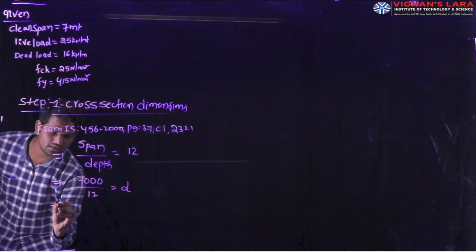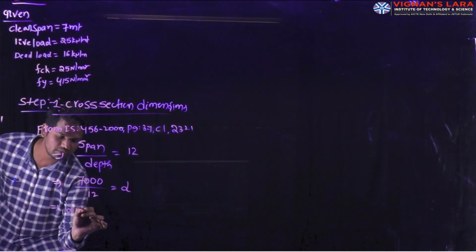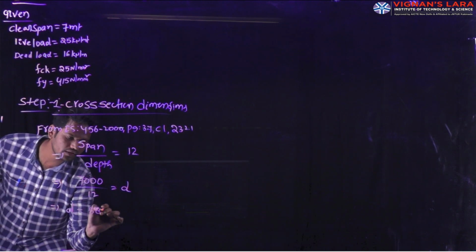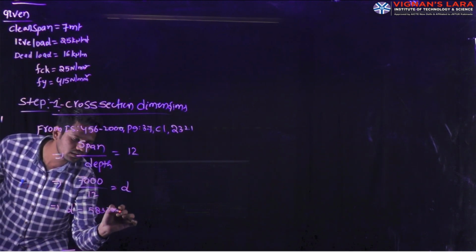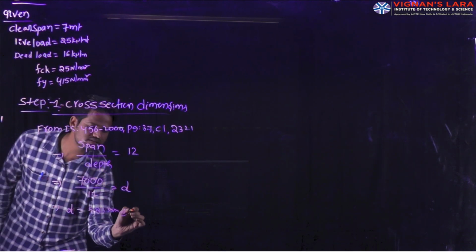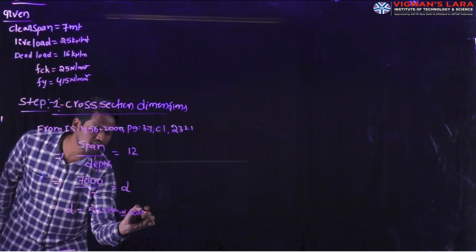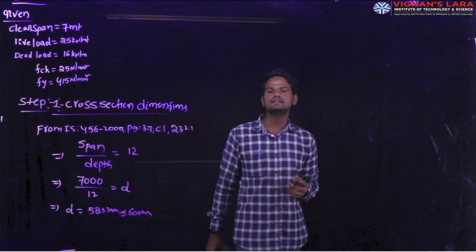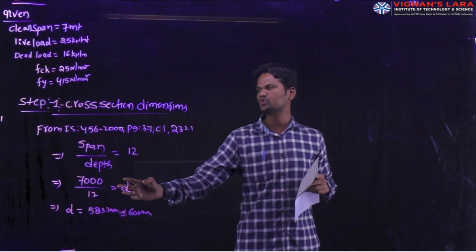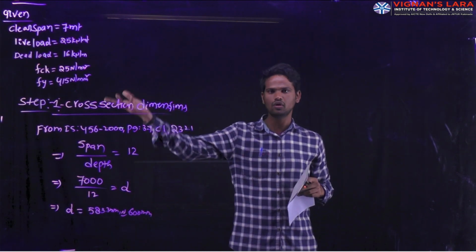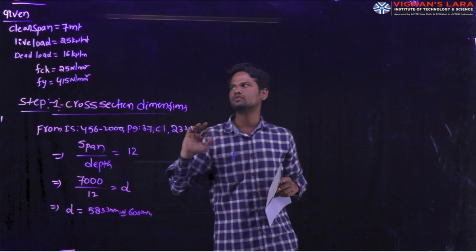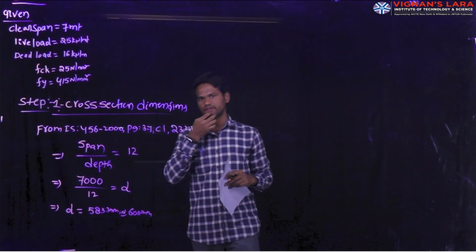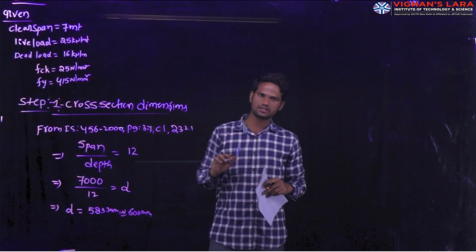I am getting the effective depth of the beam D equal to 583.33 mm. But I am taking the effective depth of the beam as 600 mm. Why? Because to carry the additional load, here the load is maximum: live load is 25 kN per meter and dead load is 16 kN per meter.